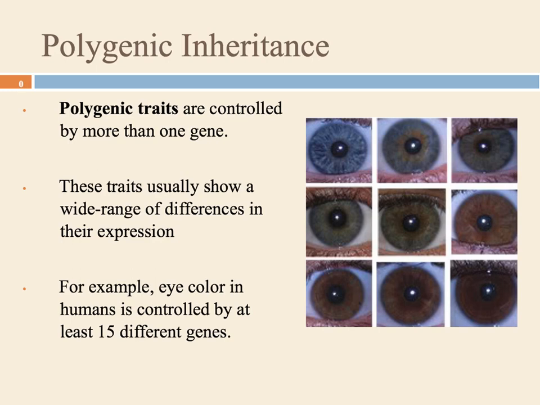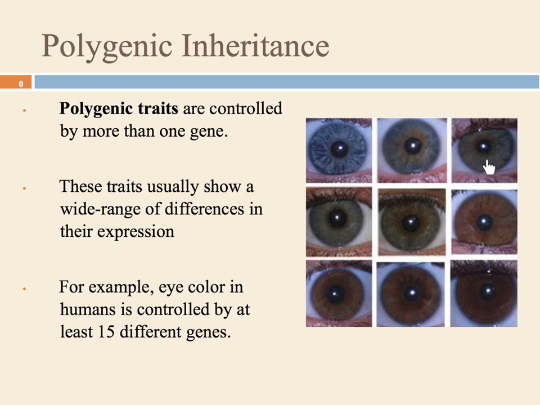Polygenic traits. Polygenic traits are traits that are controlled by more than one gene. These traits usually show a wide range of differences in individuals, and one of the ones that you guys always ask about is eye color. Right now, as it stands, we know that human eye color is controlled by at least 15 different genes.